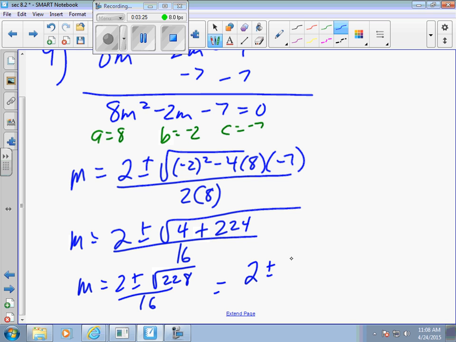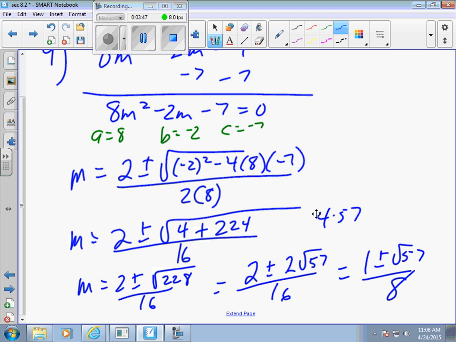If I simplify that a little bit, I get 2 square roots of 57, because that's 4 times 57 right there, all over 16. Divide everything by 2, I get 1 plus or minus the square root of 57 over 8. Yucky factoring there, 4 times 57.